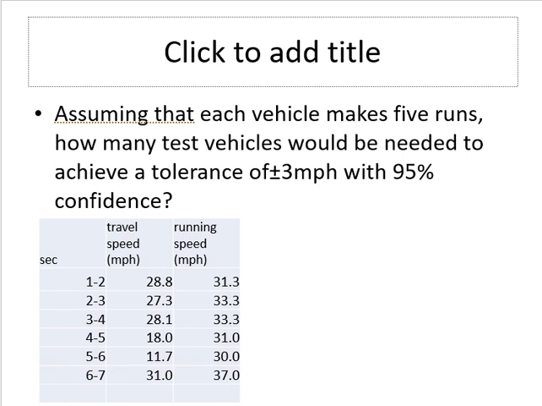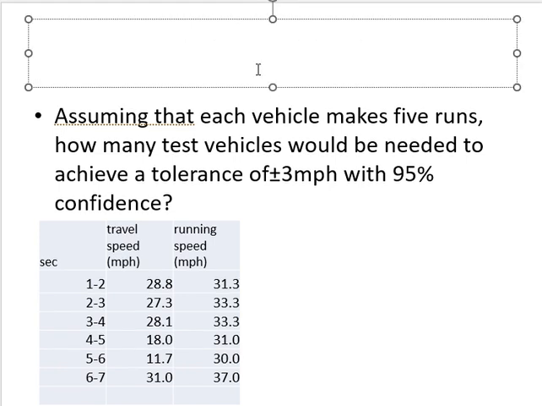What are the other values given in the question? Which one is error? The tolerance is error. 95 is what? Confidence interval. So where do I put it in the equation?